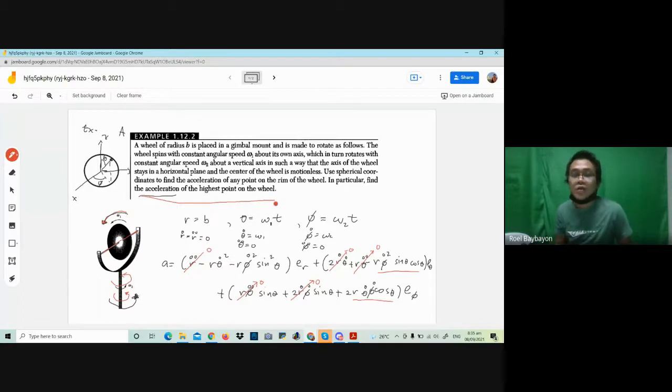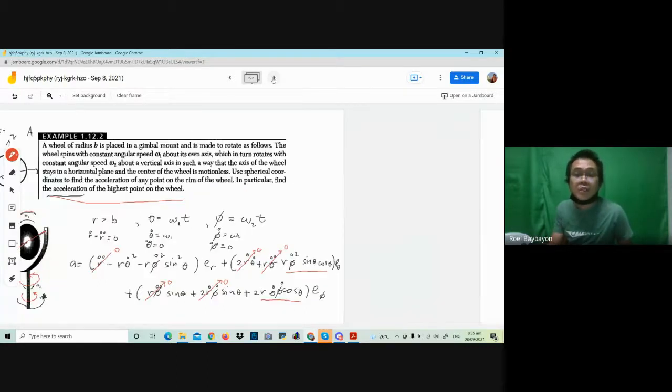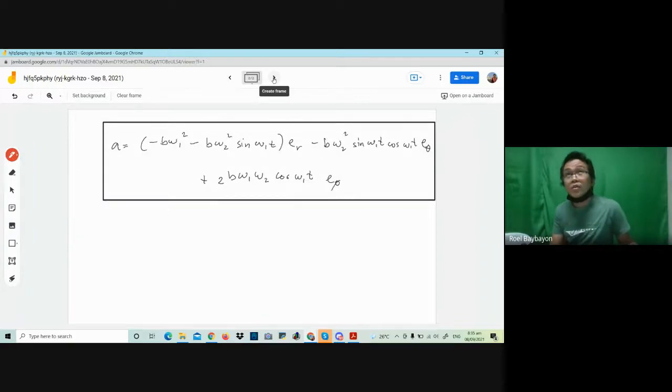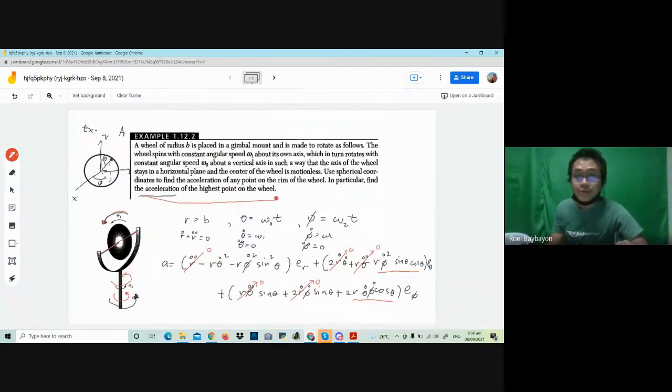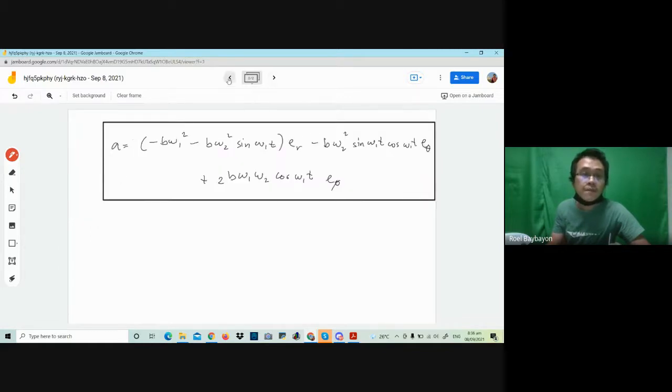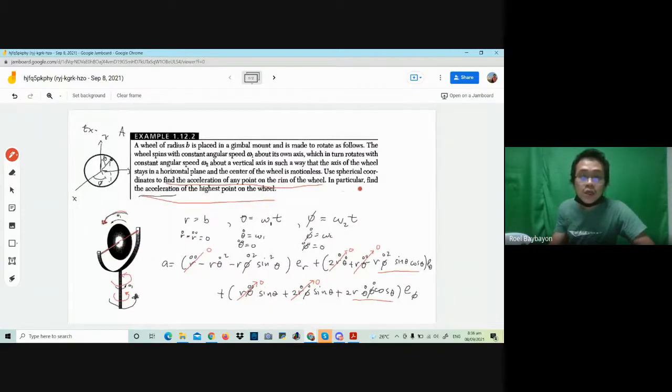This is the general expression of our acceleration, but what is the specific acceleration at the top, at the highest point? Find the acceleration of any point on the rim of the wheel. Okay, that is what I just solved. And then next is, in particular, find the acceleration at the highest point on the wheel.